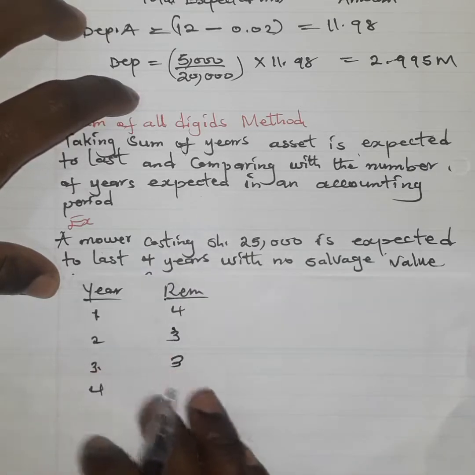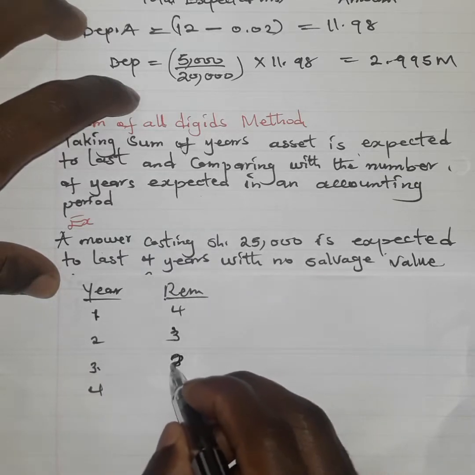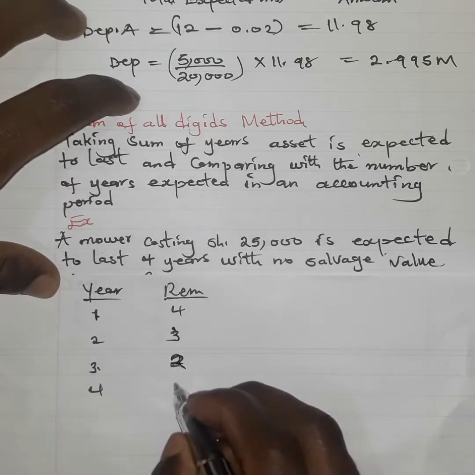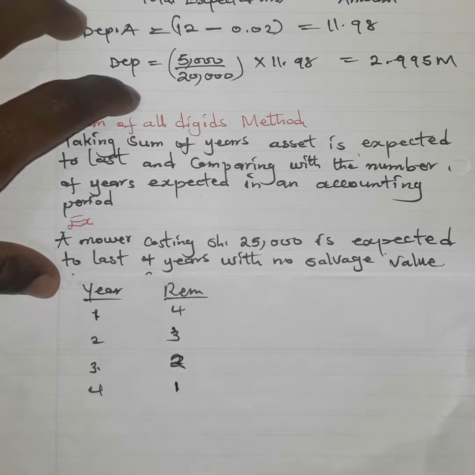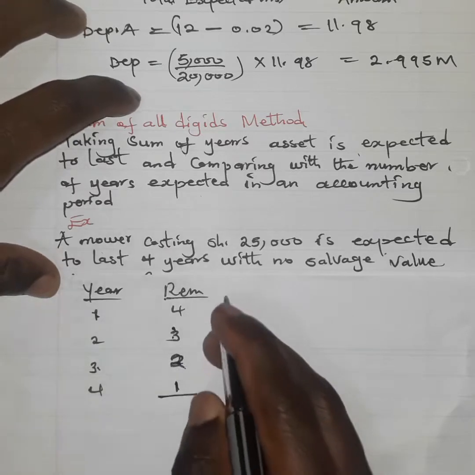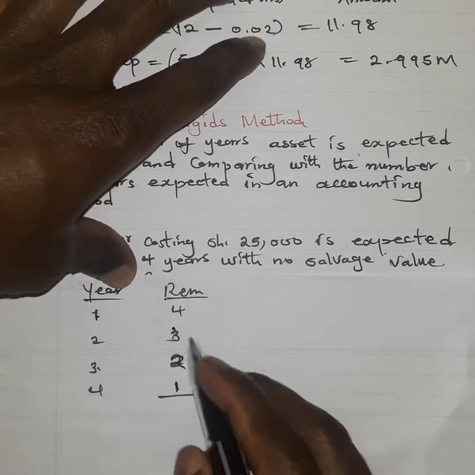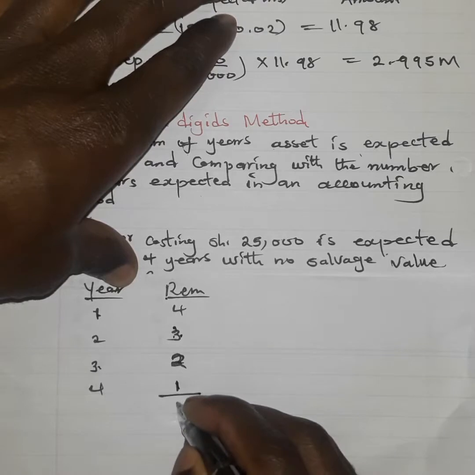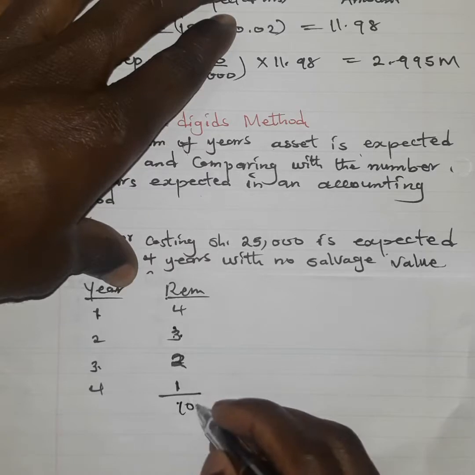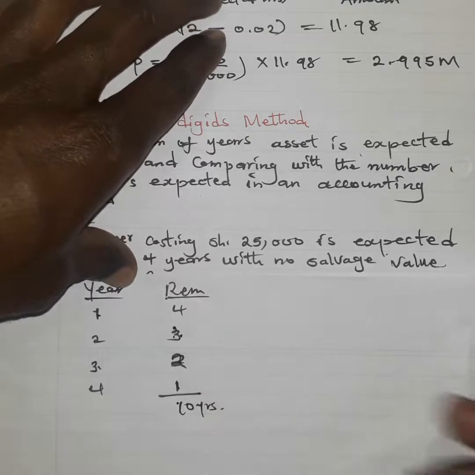And then at year 4, it's supposed to run for the fourth year alone. So when we add all these remaining years, 4 plus 3 is 7, 7 plus 2 is 9, 9 plus 1 is 10. So we have 10 years in total for this particular asset.